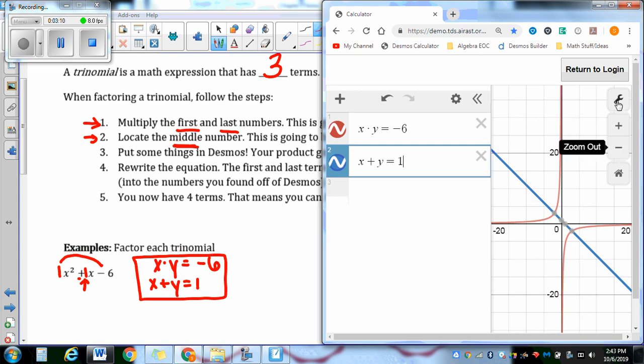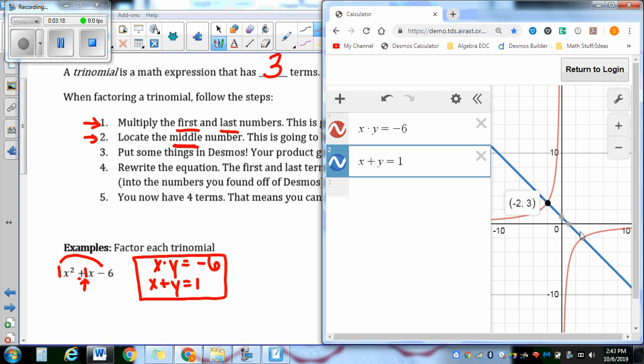Now, if you'll remember when we did evaluating functions in chapter 2, when I type stuff into Desmos like this, I am looking for where they cross. You'll see 99% of the time there are two crossing points. You can choose either one you want. It does not matter. I always like to choose the one that has the negative first because it's the one on the left. So that's what I'm going to do. These guys cross at -2, 3.